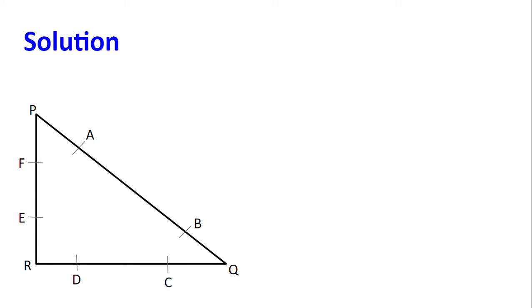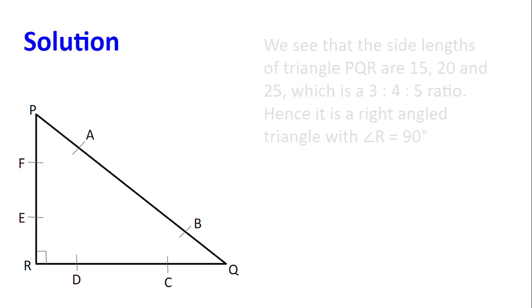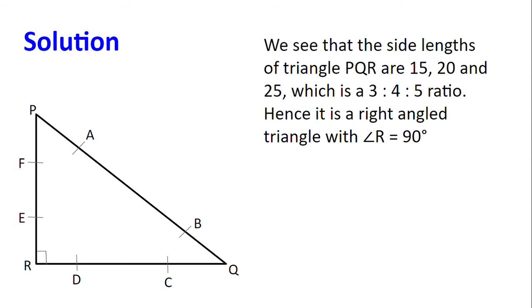Solution. So first off, we have PR, RQ, PQ, which are 15, 20 and 25, which is a 3 to 4 to 5 ratio. Hence, it is a right-angled triangle with angle R being 90 degrees.